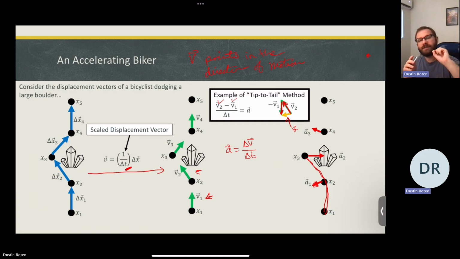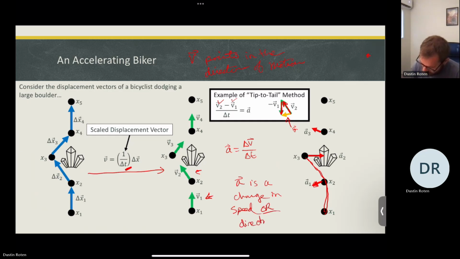His speed may be the same. He might be traveling at 5 meters per second or whatever through this curve. So even though his speed's not changing, he's still changing direction. So that's also an acceleration. So A is a change in speed, or, this is important, direction.